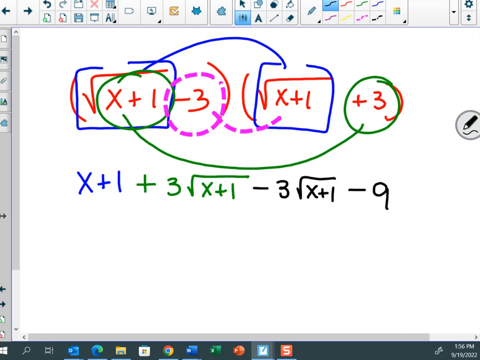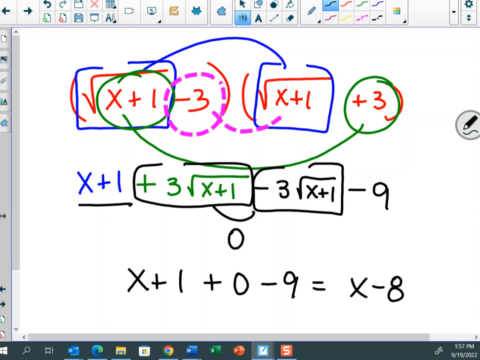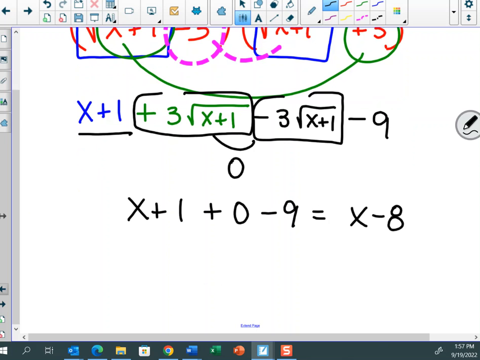Okay. So then, look at this guy and this guy. They're exact opposites. So together, they make a 0. So all I have is x plus 1 plus 0 minus 9. So 1 minus 9, excuse me, is negative 8.